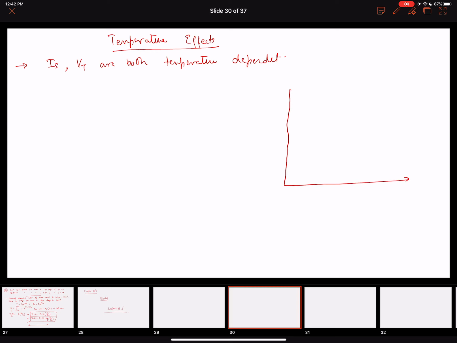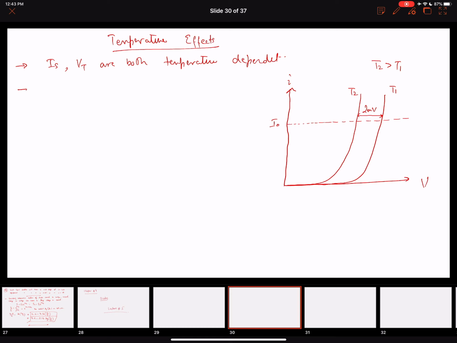This is current I that is flowing through the diode. Here is the voltage, and I'm going to make these two curves here. This is I naught. The difference over here is 2 millivolts, and this is at the temperature T1, this is at the temperature T2. T2 is greater than T1.